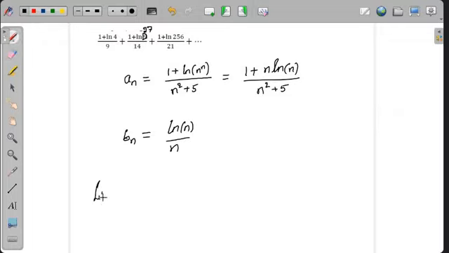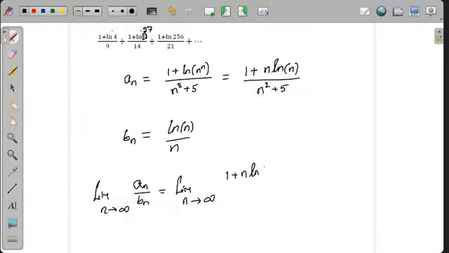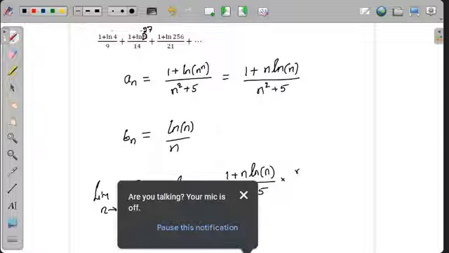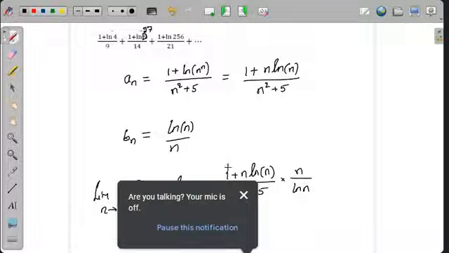So limit n goes to infinity of an over bn, you'll get 1 plus n ln of n over n squared plus 5 times n over ln n, because of the reciprocal of bn, right?